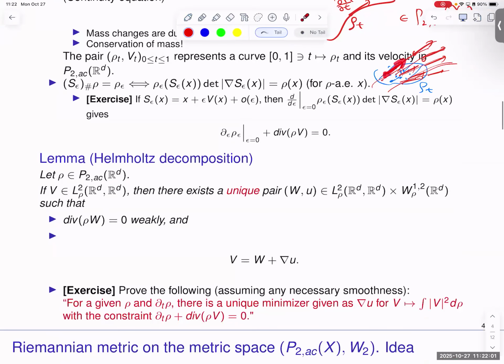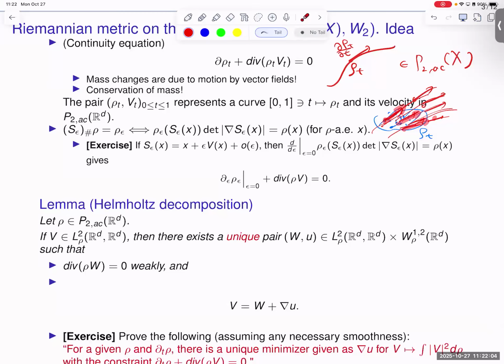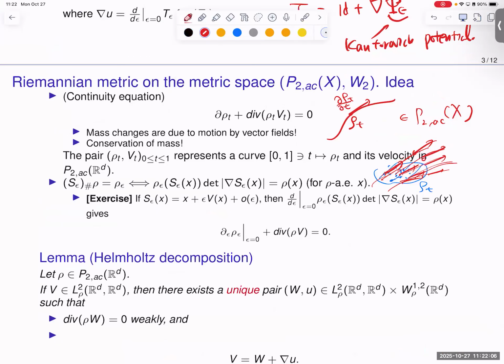So the moving mass distribution corresponds to moving many particles, really infinitely many, that correspond to a vector field. That's the basic idea.